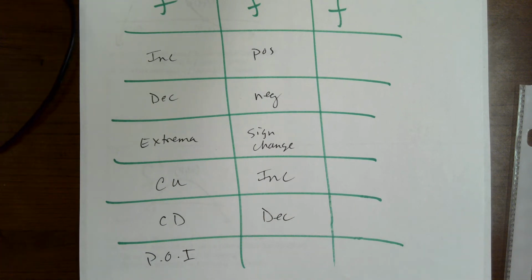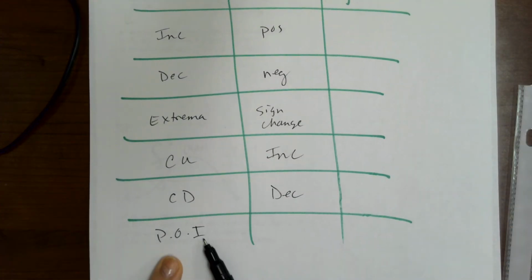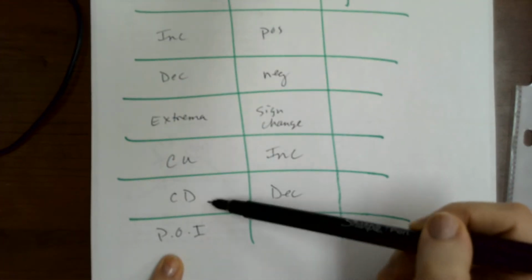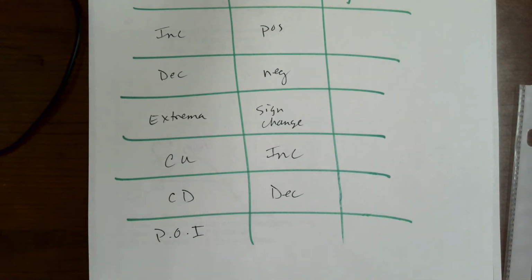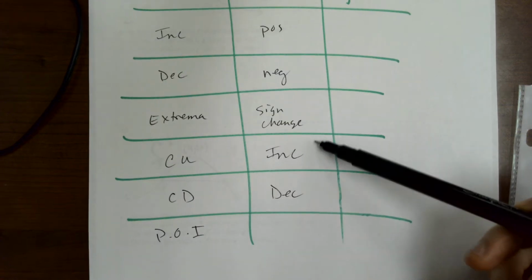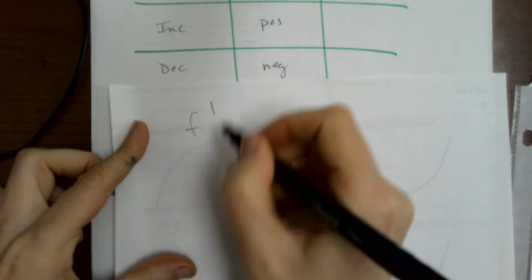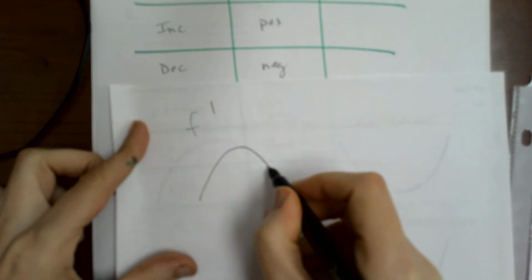Now guys, remember, a point of inflection is where F changes from concave up to concave down. Now think about this. If F is changing from concave up to concave down, that means that F prime is changing from increasing to decreasing.